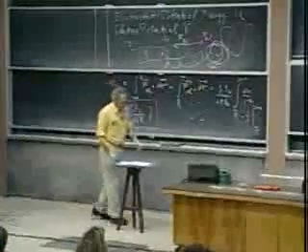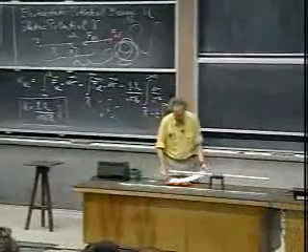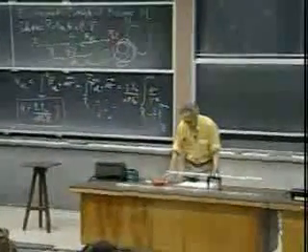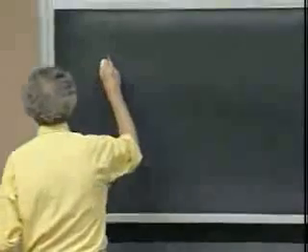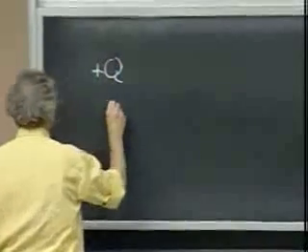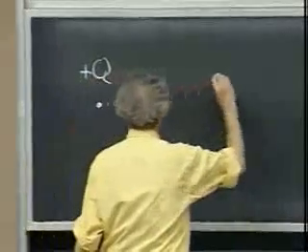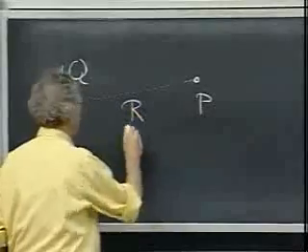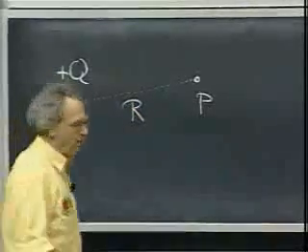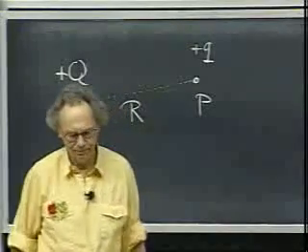Now I turn to electric potential. And for that, I start off here with a charge which I now call plus capital Q. It's located here. And at a position P, at a distance R away, I place a test charge, plus q.